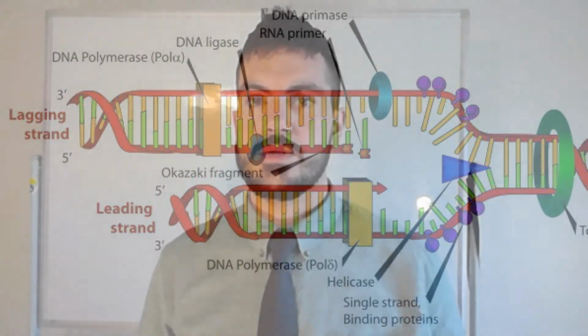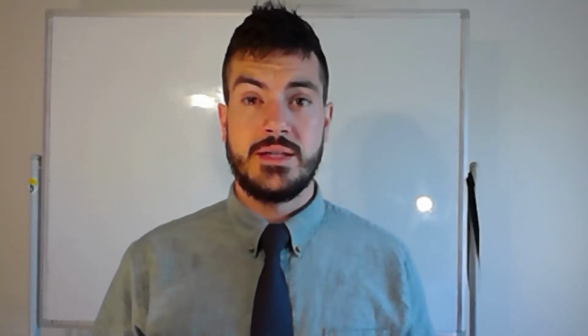Just like DNA polymerase 3 was making the synthesized DNA on the leading strand, on the lagging strand it still goes in the same direction, just off of the Okazaki fragments. So it's still going from the 5' end to the 3' end, synthesizing DNA. For each of the replication forks that are formed by helicase, there starts off a leading strand and a lagging strand for each origin of replication.